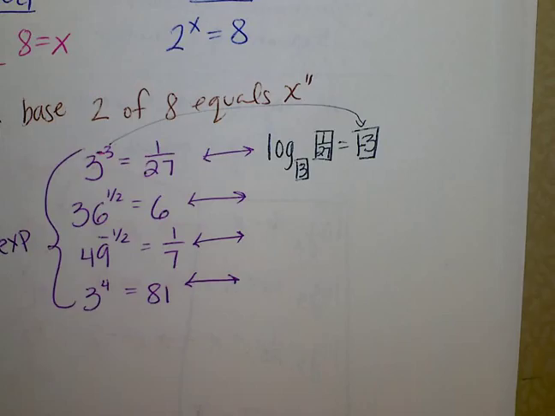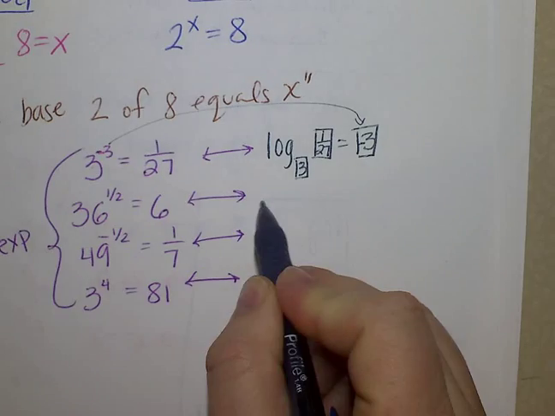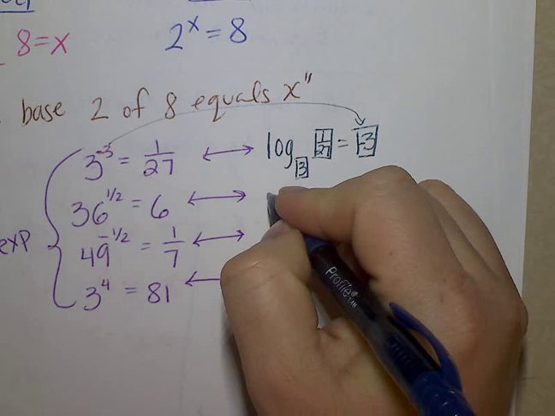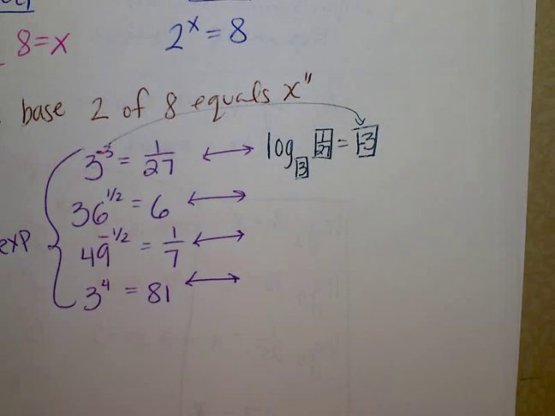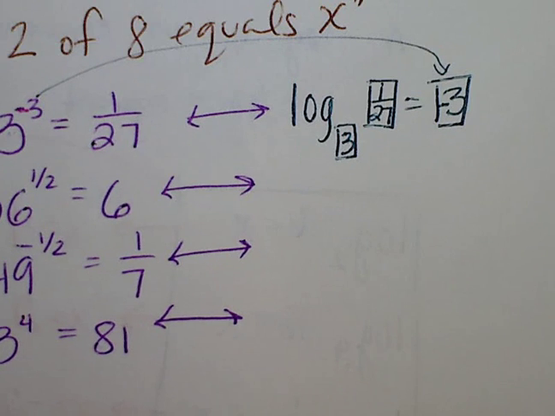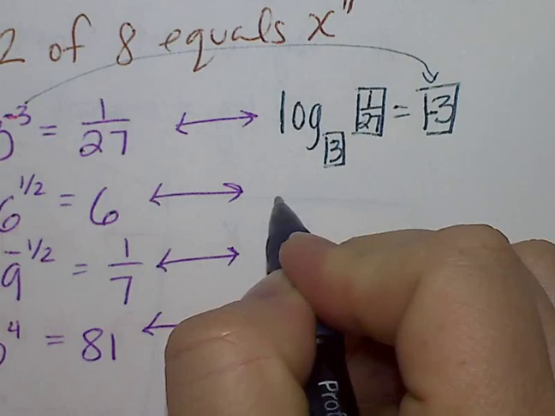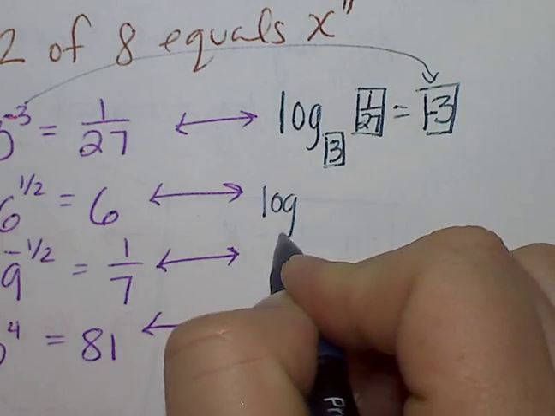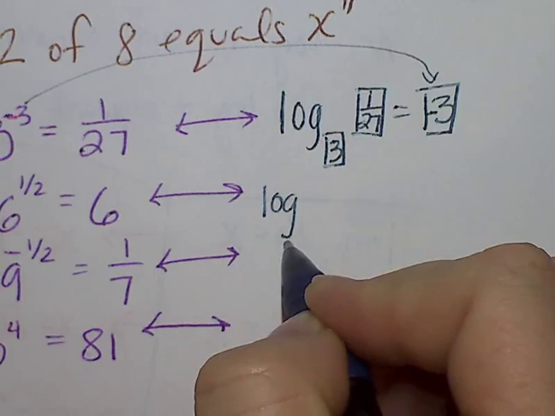Okay, ready? Anna, give it a try. How would I read this? As you read out loud, I'm going to write it down. Will it help you if I zoom in? So how do we say it? Log? What word is she missing? Okay, go ahead.